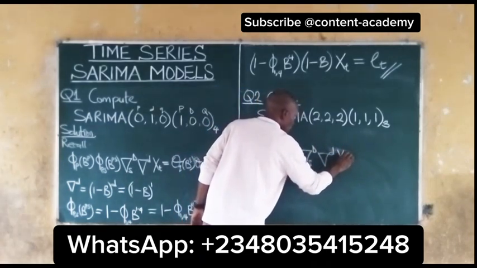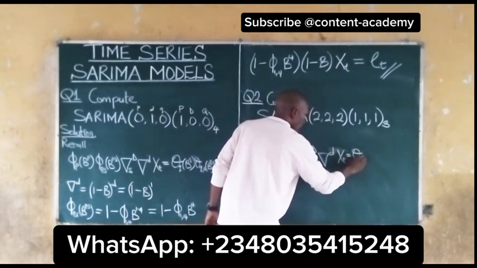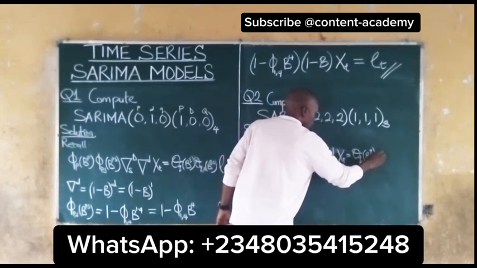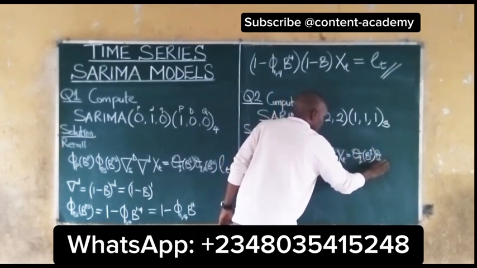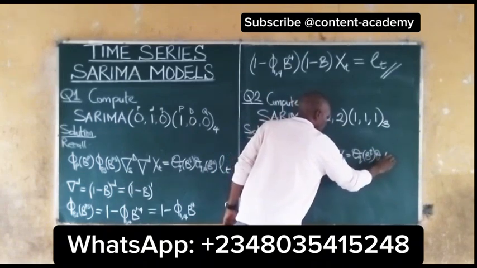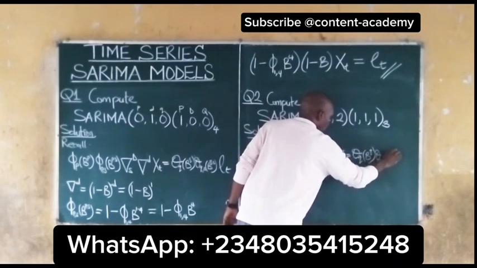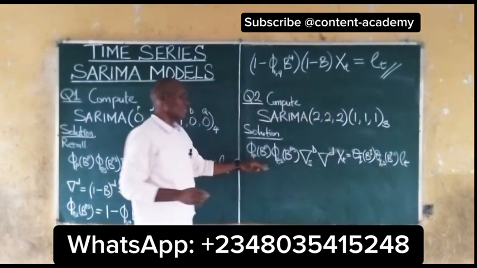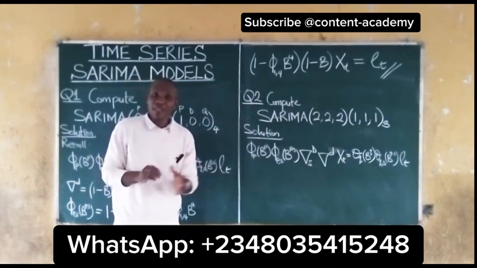We have X_t equal to theta_q(B) and the seasonal theta_Q(B^S), multiplied by e_t. So this is our model, the SARIMA model.